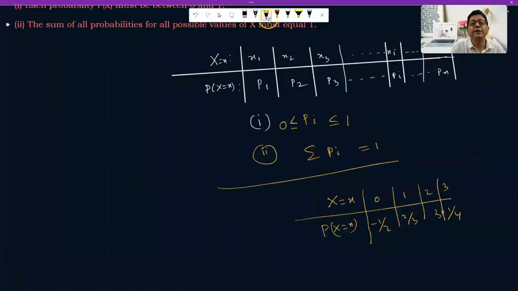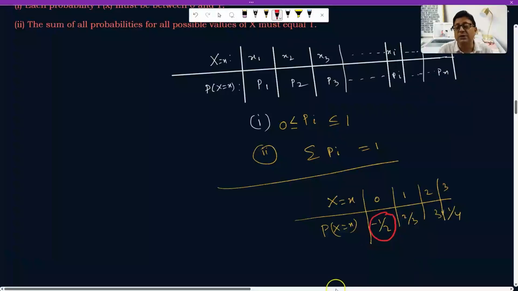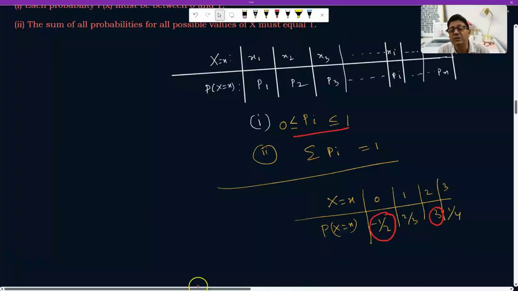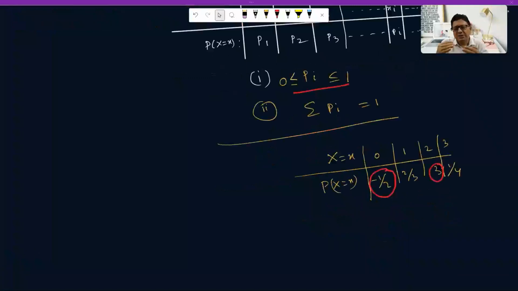One probability you have got is minus 1 by 2. One probability you got is greater than 1, so it does not lie in the interval 0 to 1. And thirdly, the sum of these probabilities is not equal to 1, it exceeds 1. So this is not a probability distribution of a random variable. Clear?